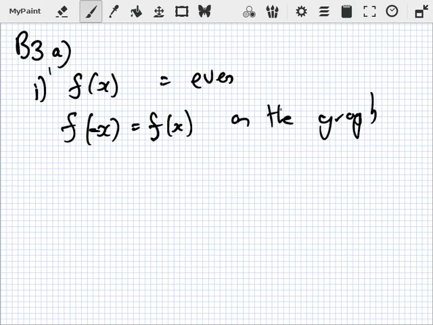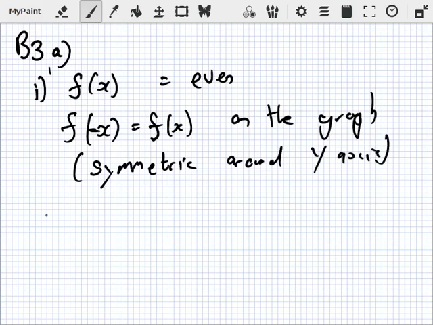Or in other words, symmetric, symmetric around the y-axis.